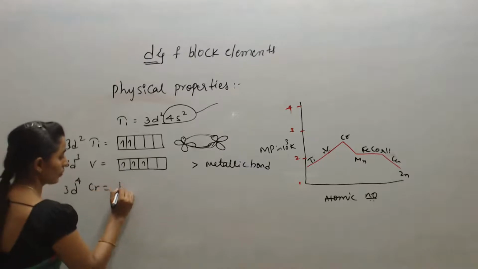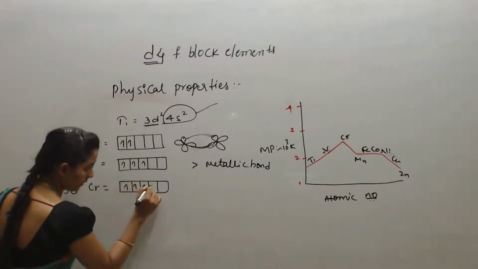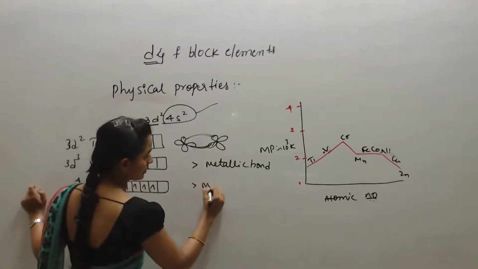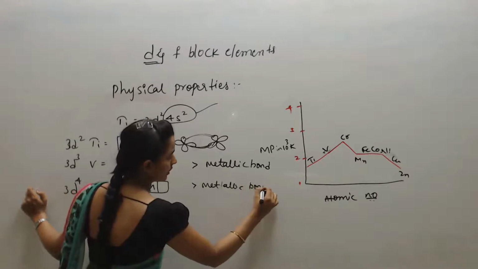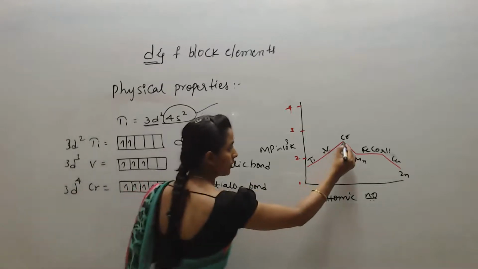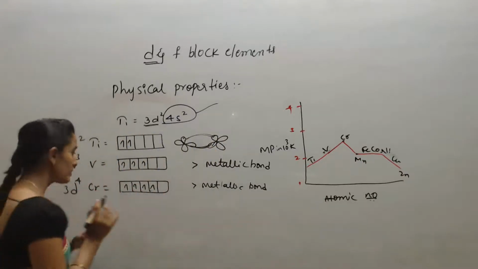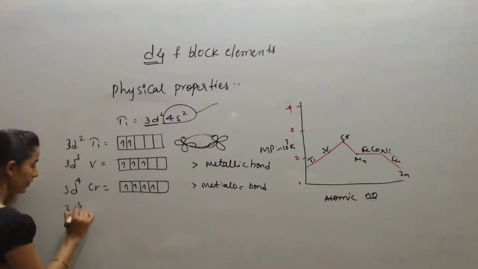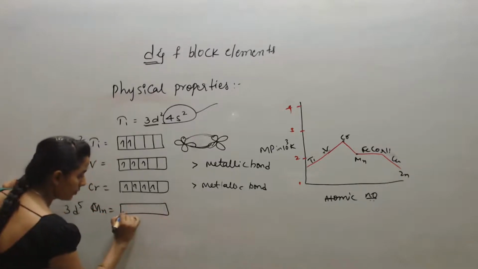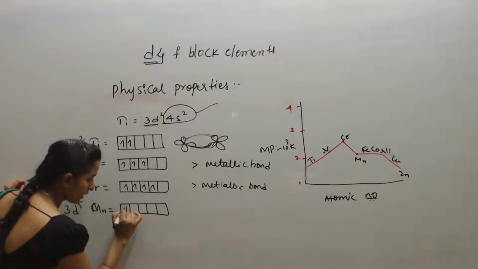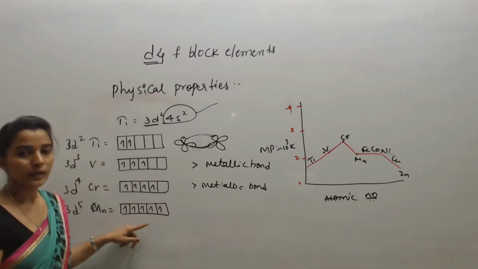Next, for 3d4, that is chromium, 4 electrons are there. Here it also has high metallic bond formation capacity. So listen, for chromium it is high, for manganese it decreases. Why so? Listen, the manganese configuration is 3d5 4s2. If we write the box diagram, we get an electron in each orbital of the d block.